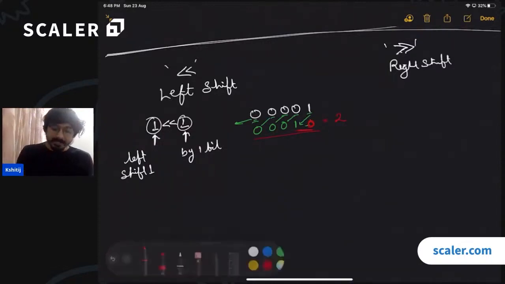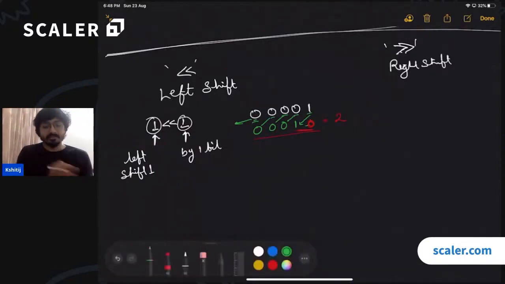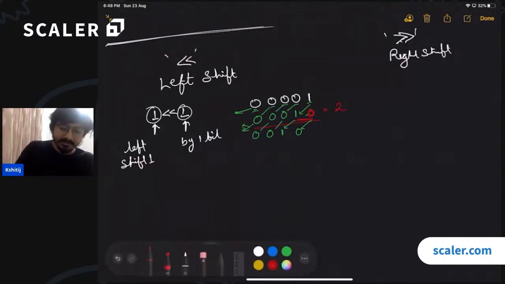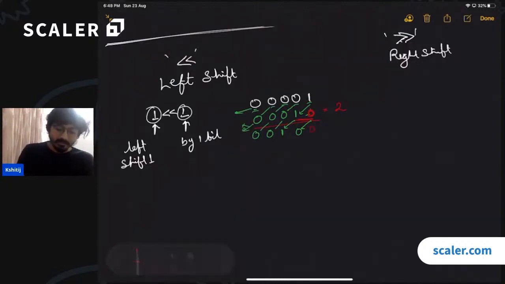If we further left shift this by 1 position, what will happen? I will get 0 here, this 1 moves here, this 0 moves here, the leftmost 0 is removed, and in the last position we get a new 0. What is this number?